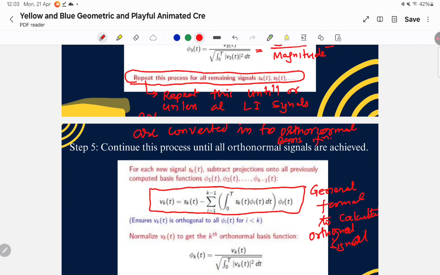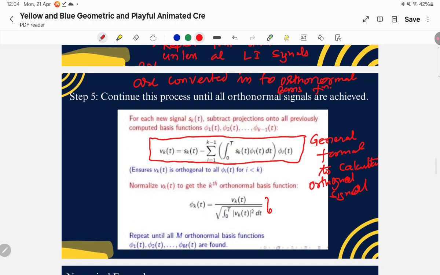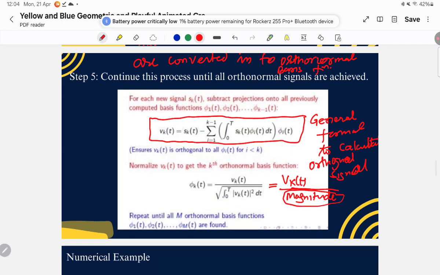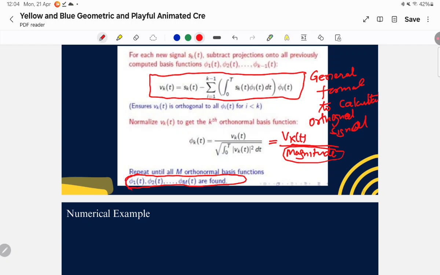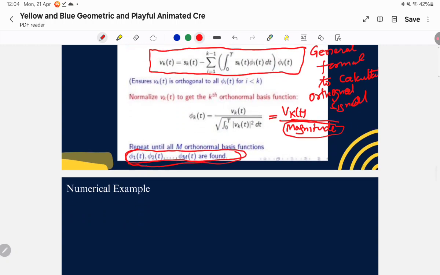First we calculate the orthogonal signal, and to normalize it, we divide it by its magnitude, so it becomes orthonormal. As soon as we divide a signal by its magnitude, it becomes orthonormal. So you can see phi 1 and phi 2 up to phi m all are being calculated, means all are being converted.